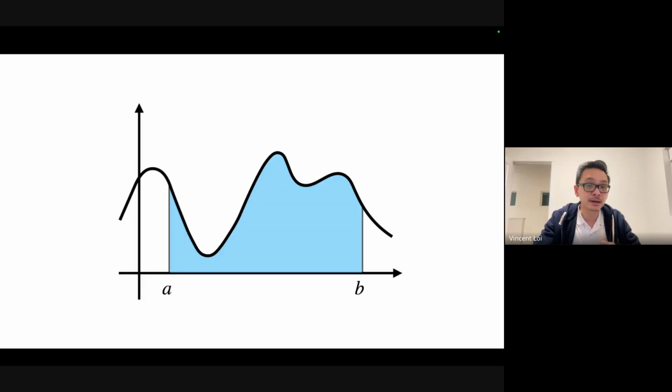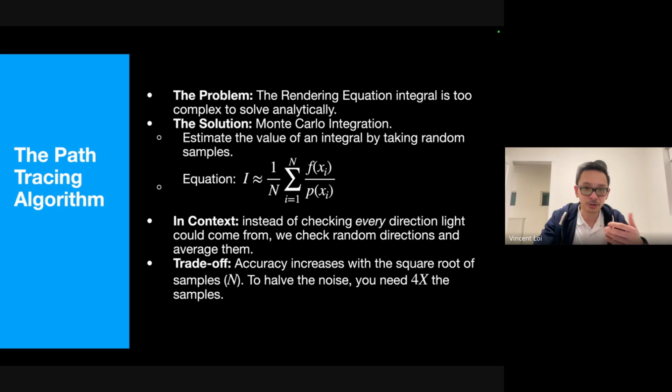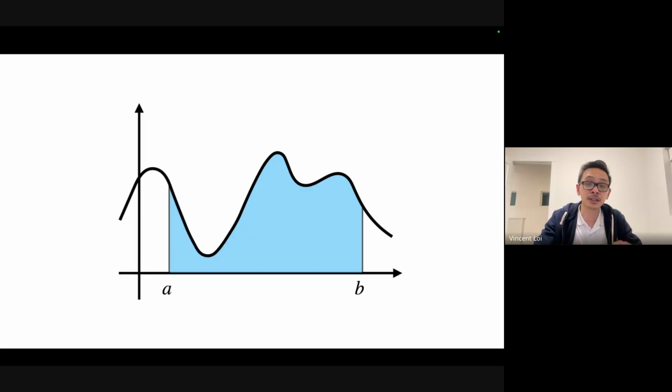So this is just an example to give you some illustration of the Monte Carlo integration. Let's say you have the curve here, just a regular 2D image. Let's say we want to integrate to find the area below the curve. If you know the function, it's easy.